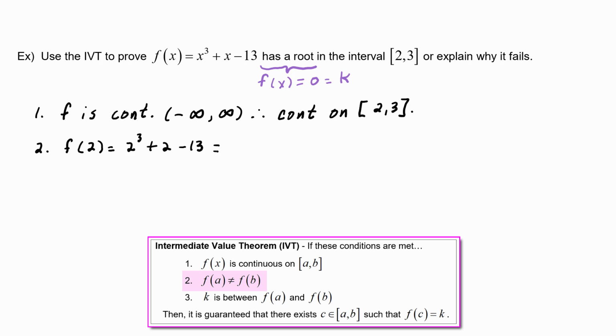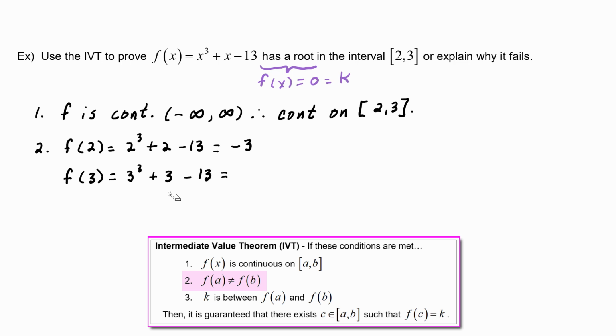And of course, that's going to equal 8 plus 2 is 10 minus 13, negative 3. f of 3 is going to equal 3 cubed plus 3 minus 13.